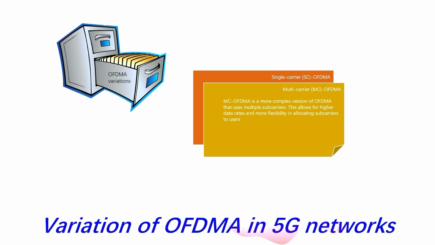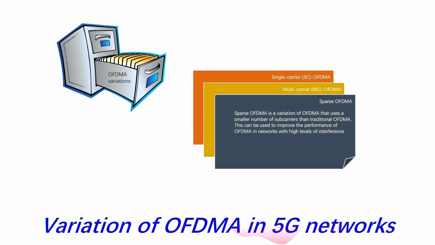This allows for higher data rates and more flexibility in allocating subcarriers. Sparse OFDMA is a variation of OFDMA that uses a smaller number of subcarriers than traditional OFDMA. This can improve the performance of OFDMA in networks with high levels of interference.